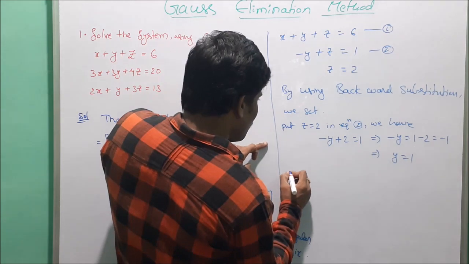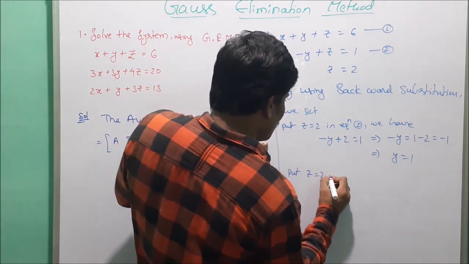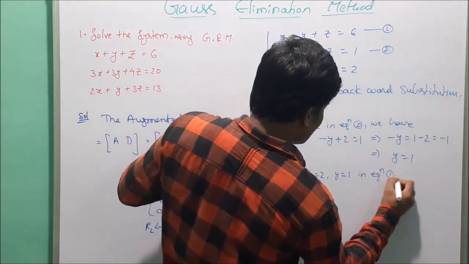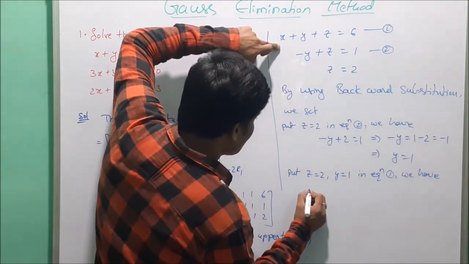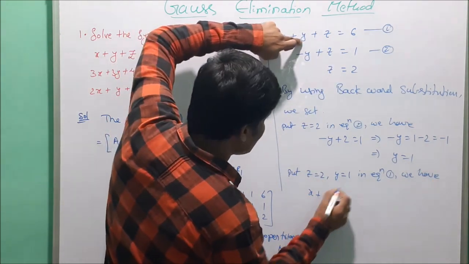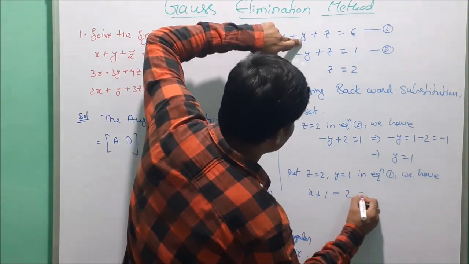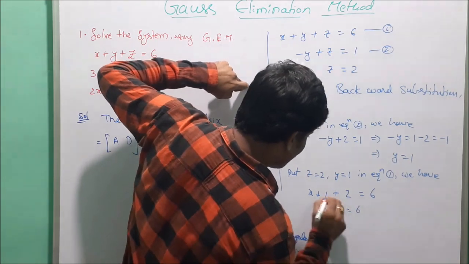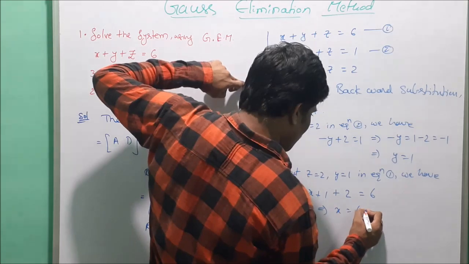Similarly, put z equals 2, y equals 1 in equation 1. We have x plus y, that is 1, plus z, that is 2, equals 6, which implies x equals 6 minus 1 plus 2, that is 3. It will be taken to the right side, that is minus 3.